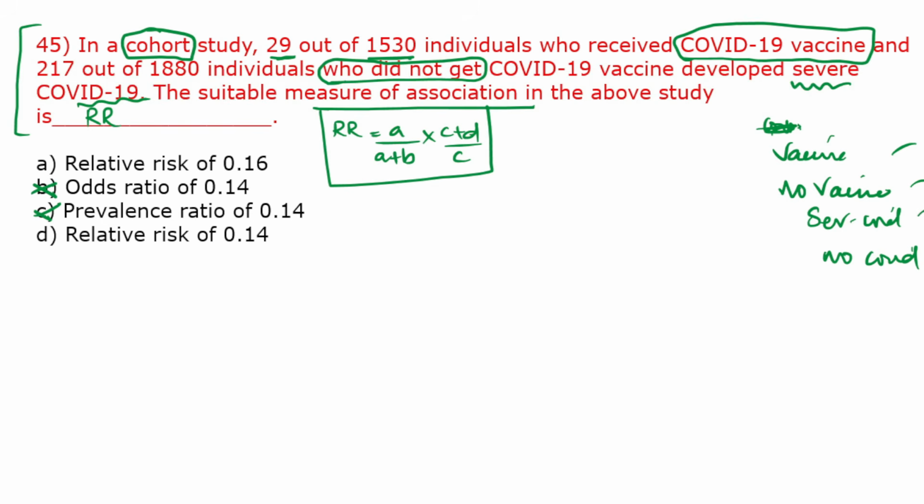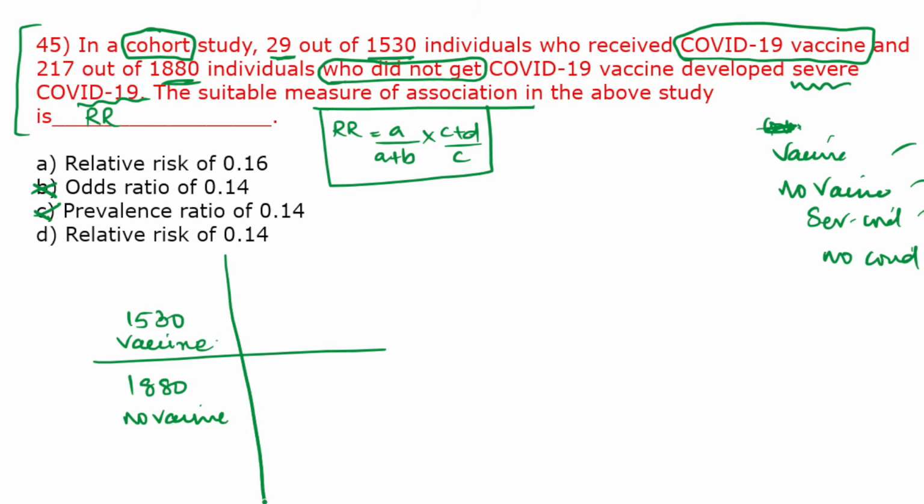So let us put it in tabular form. First of all, we will take people who are vaccinated. 29 out of 1530 individuals received the vaccine. 1530 vaccinated. Vaccinated are the exposed people. Then non-vaccinated are how much? 1880. 1880 are no vaccine. So what have they developed?